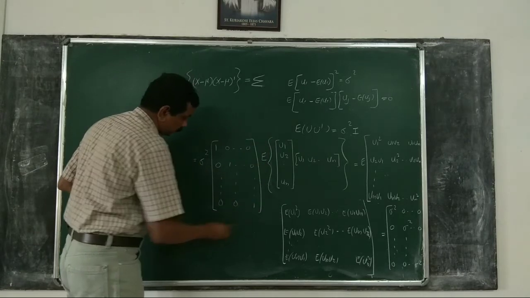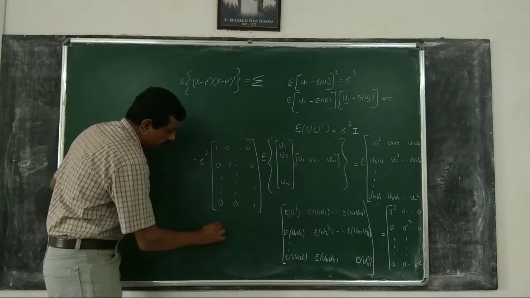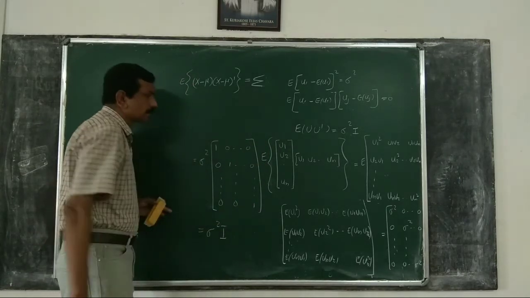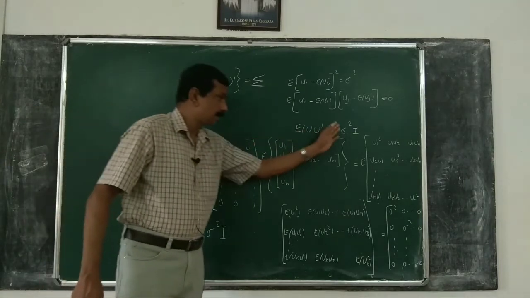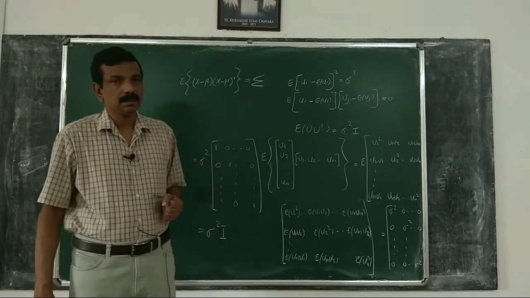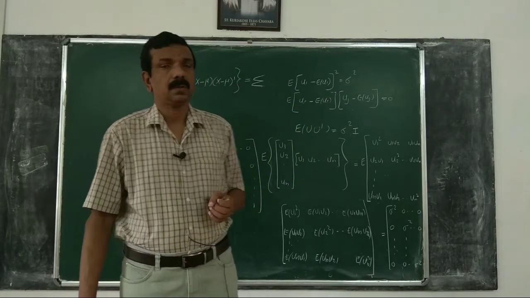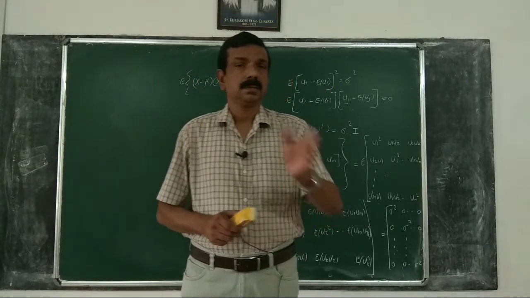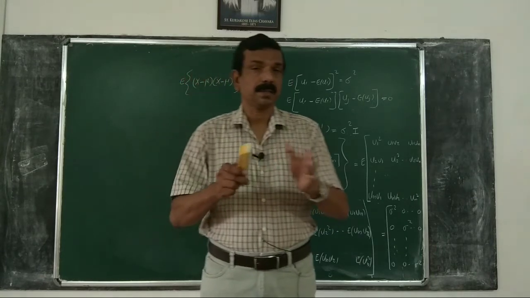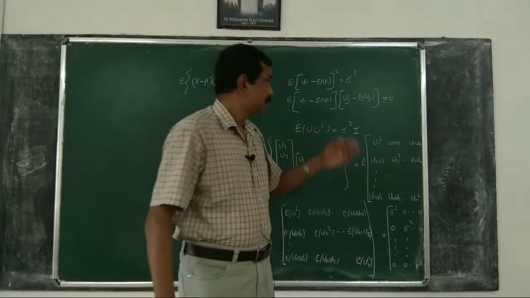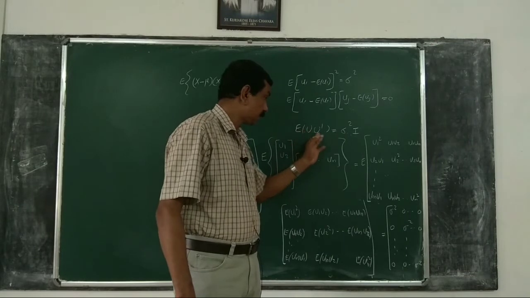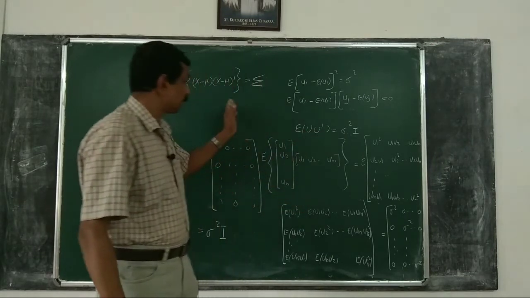So this is equal to sigma square I. So expected u u transpose is sigma square I, meaning homoscedasticity and no autocorrelation; these two assumptions are combined.